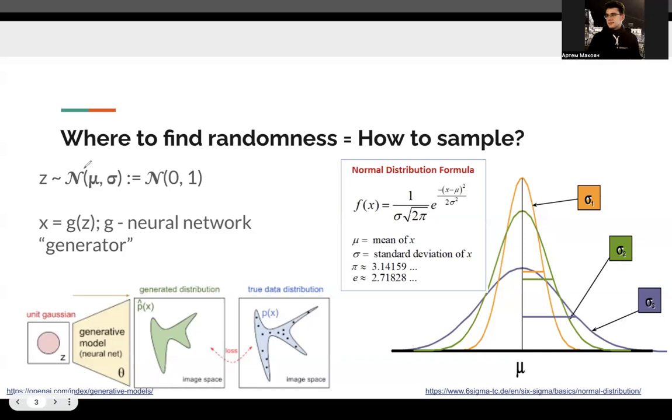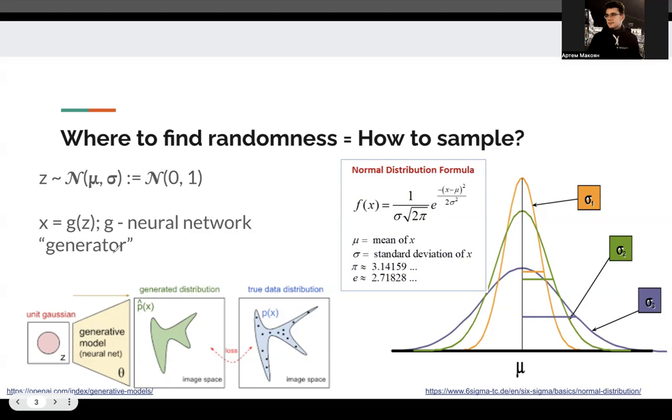Okay, and to generate different samples, we can use this normal distribution of Gaussian noise and start with it. So we sample a random Gaussian noise and put it to the model input, and the model will generate some image or text or something else.